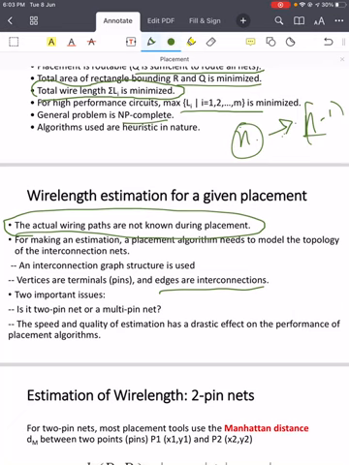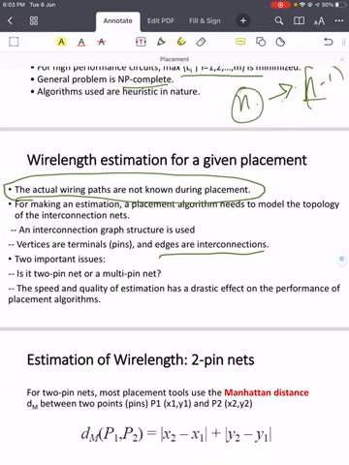Now there are two important issues. We are going to use various types of interconnection topologies, or some kind of graph structure model, to estimate the wire lengths.